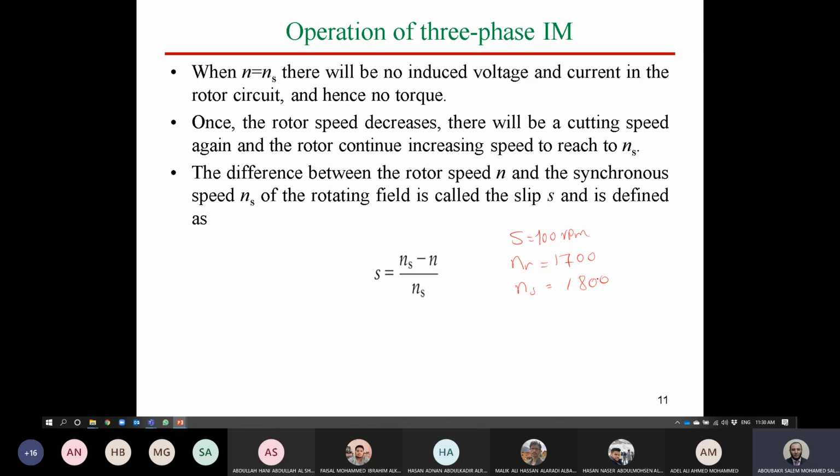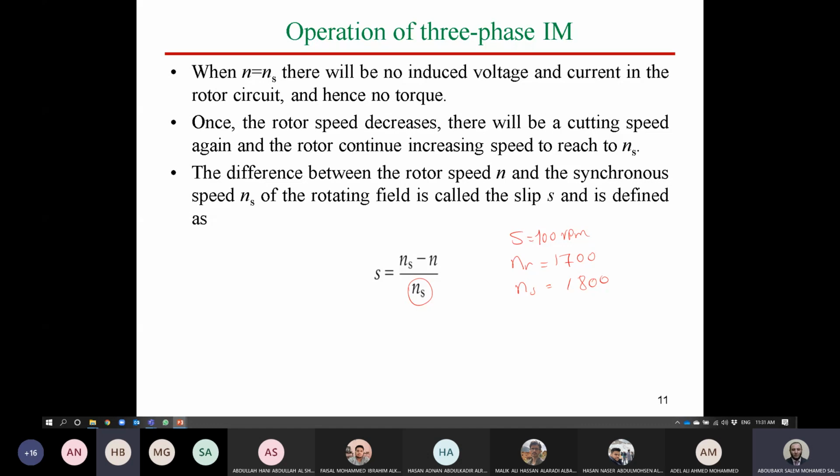Okay guys, is it clear now? So the slip represents the average of the cutting speed. It can be represented in RPM or in per unit. Of course, in per unit we should refer to the synchronous speed. So this is the idea, guys, for the operation of the induction machine.